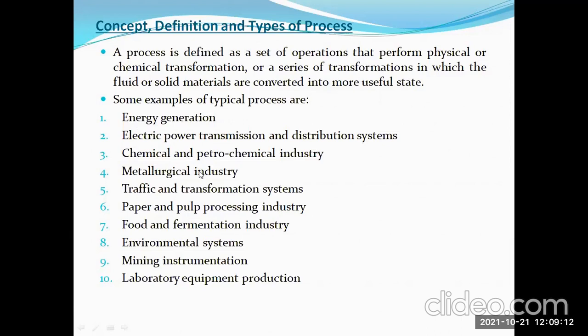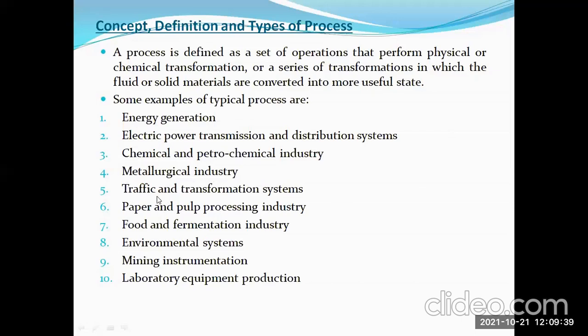In this iron ore, we have to mix chromium and other types of material as per our requirement for manufacturing particular materials. So we have to use different types of material, and then it is also deformed, that is, it is also changed into another form. So this work is done by these metallurgical industries.